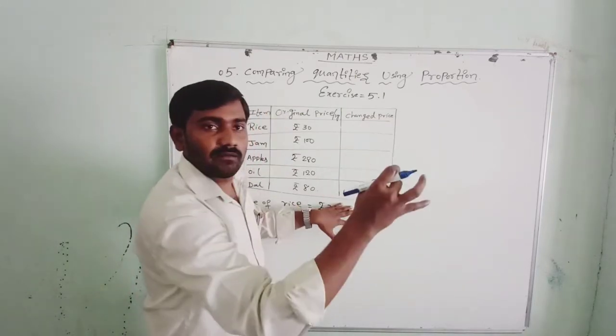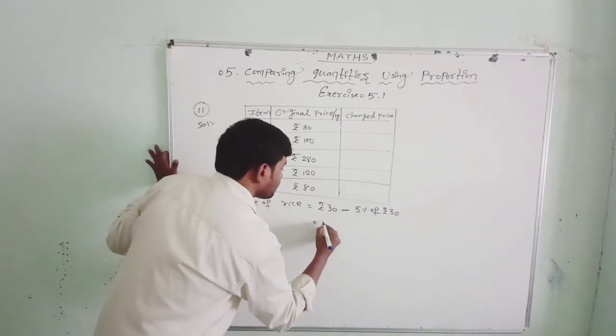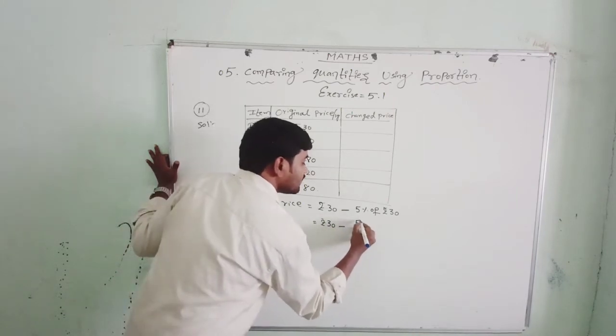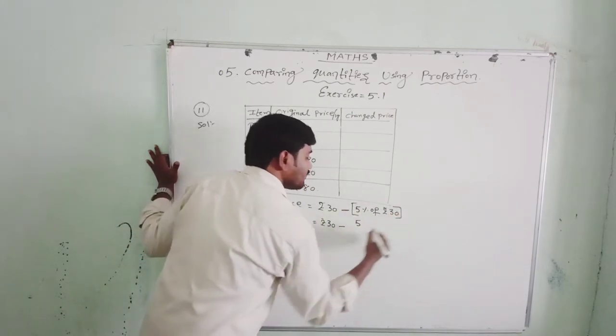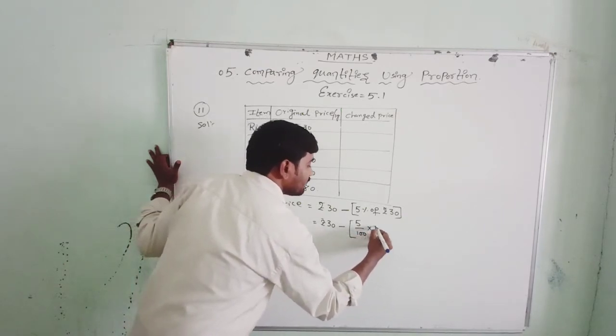5% of 30, how much we should subtract from this; then we will see how much she has to pay. So rupees 30 minus this 5% of 30, which we write in the bracket. 5% of 30 is 5 by 100 into 30.